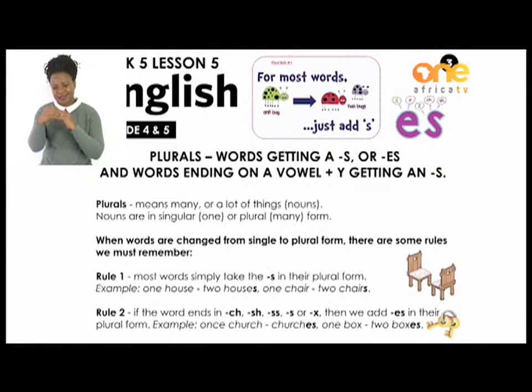Rule number 2. If the word ends in CH, SH, double S or SS, or S, or X, then we add ES. This is simple. Words ending with CH, SH, SS, S, or X, we just add ES in their plural form.